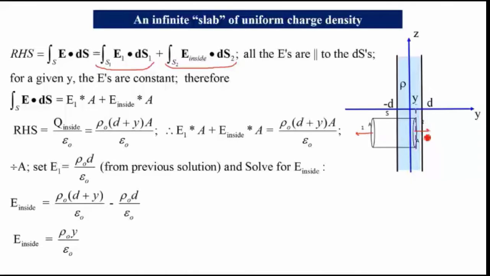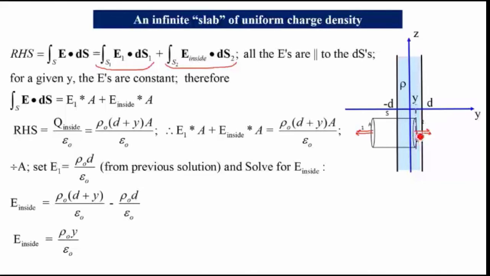It's certainly going to be parallel to the E1. So if you look at the integral then, E1's constant, its magnitude will be E1 times A, and realize the reason we get plus is because the area element is in the same direction, and likewise over here the area element is in the same direction as E.